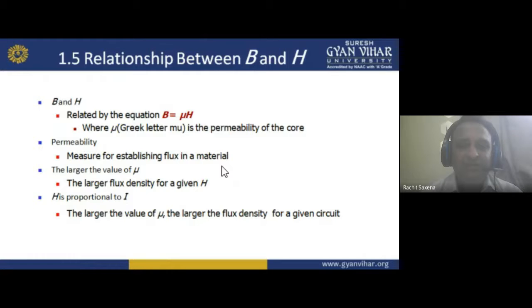The larger flux density for a given H is proportional to I. We can also write that L is proportional to I, so phi is equal to L I, which means phi is proportional to I. So the larger the value of mu, the larger the flux density for a given circuit.